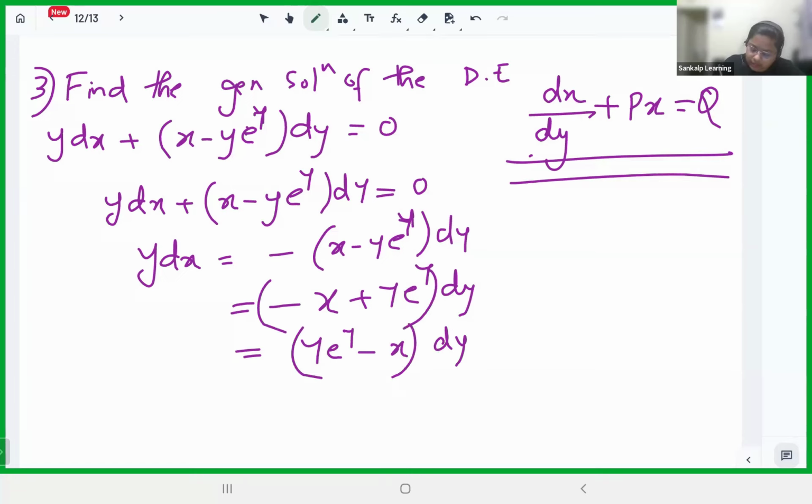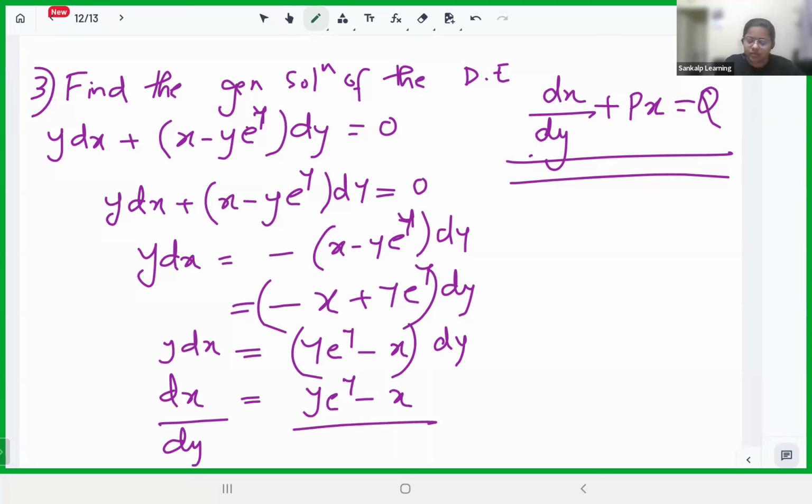Now we can place this dx here itself. This is y dx, right? So dx I'm placing it there itself, and dy I'm taking to this side. So this is y e raised to y minus x by y. y e raised to y dx by dy is equal to y e raised to y minus x by y.